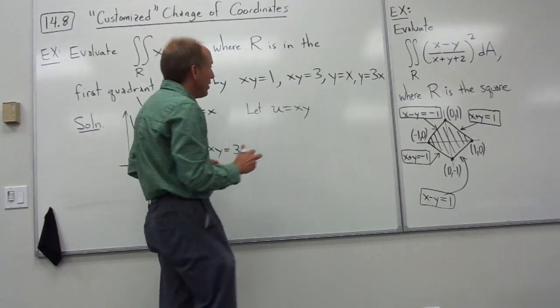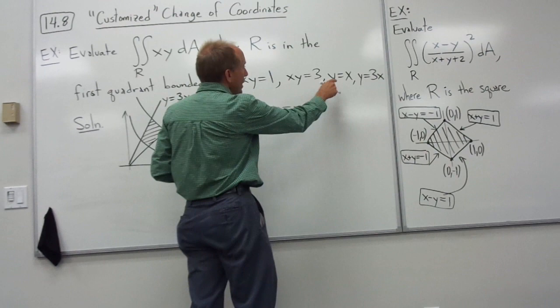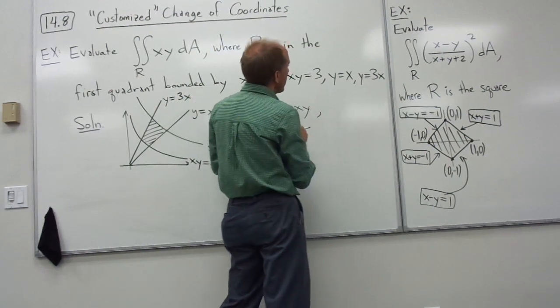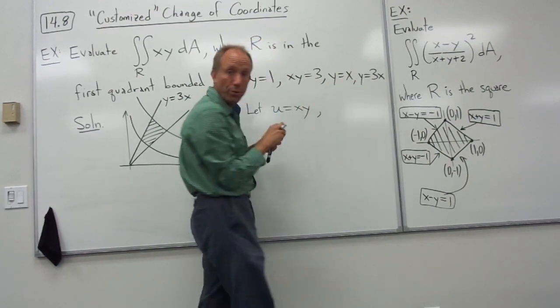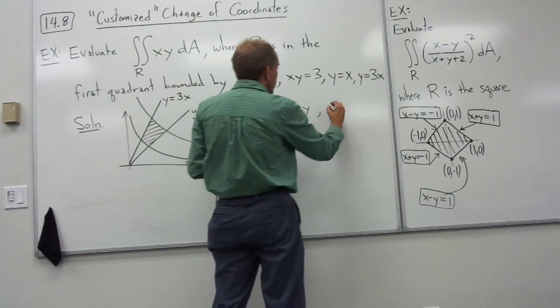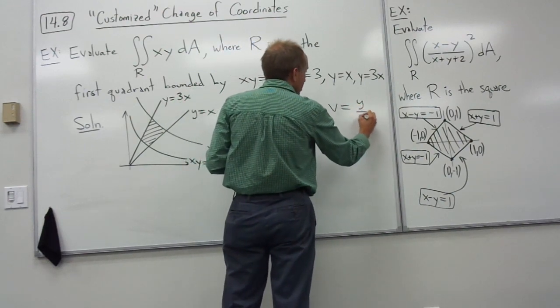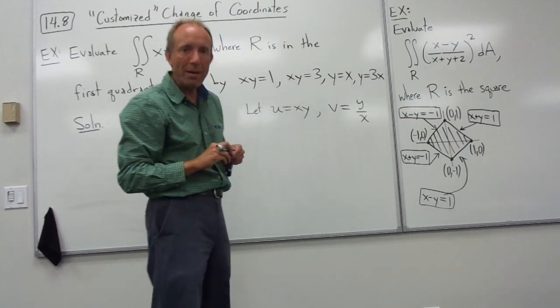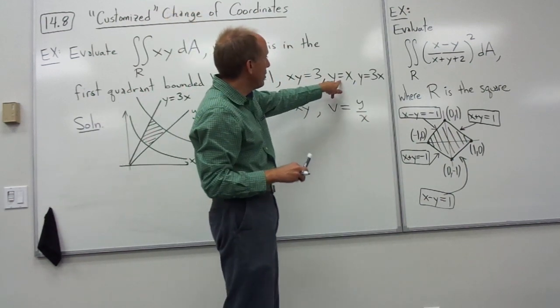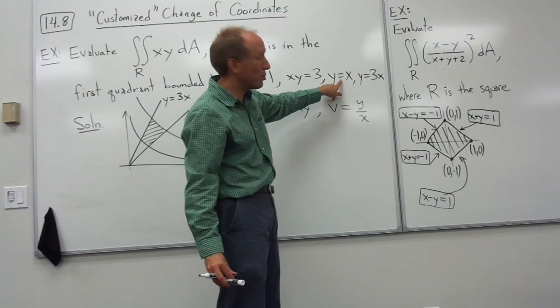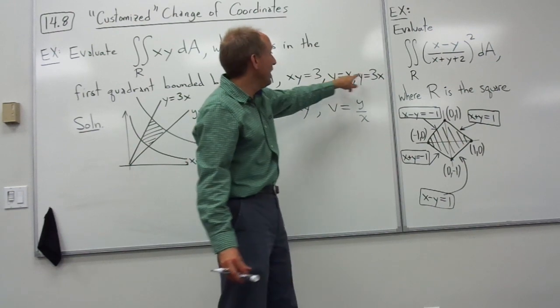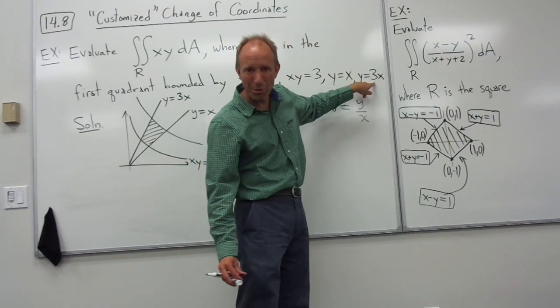Okay? And then similarly over here, it's maybe not quite as easy to see what we should do, but we can let v equal either x over y or y over x. It doesn't really matter which one, because now the first equation here is just going to be v equals 1, and this one is just going to be v equals 3.